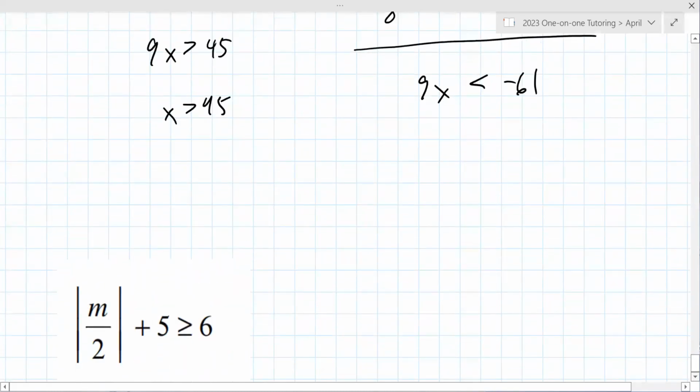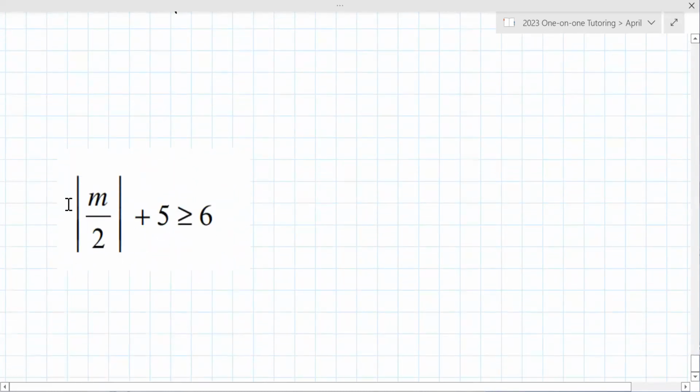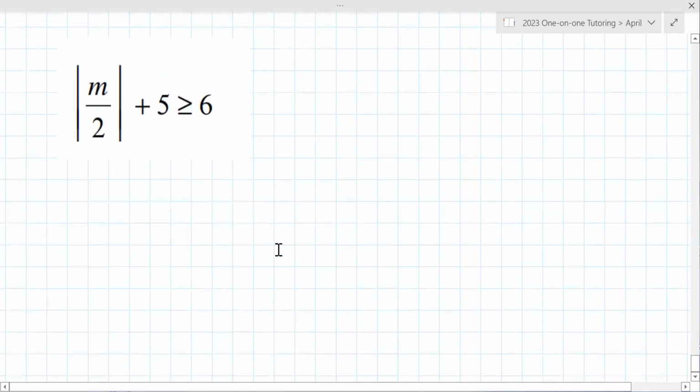Meaning there can't be a number added, there can't be a number in front. So before you can make the decision, you first have to subtract 5 here. Okay. So absolute value m/2 greater than or equal to 1. And from here, now you can make that decision. Now you can say, okay, it's the one where I got to write the or.